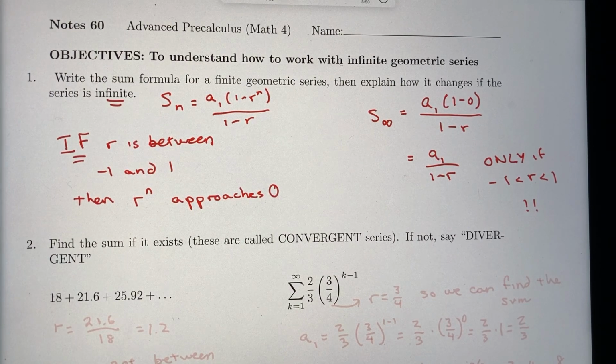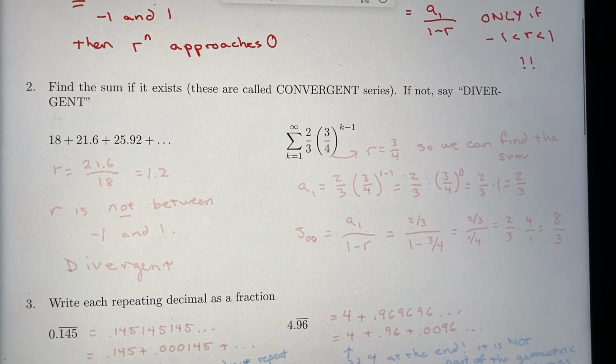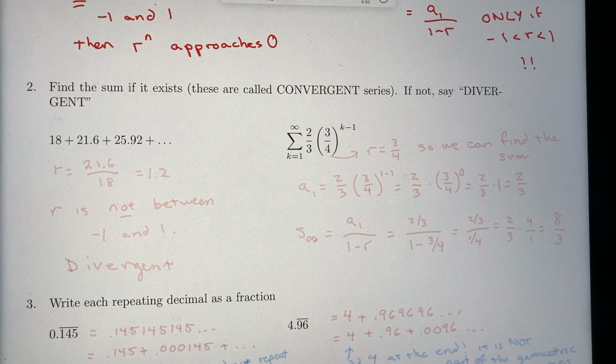Okay. Find the sum if it exists. If it doesn't exist, say it. Let's just first of all find R. We're going to keep multiplying by adding bigger and bigger numbers.